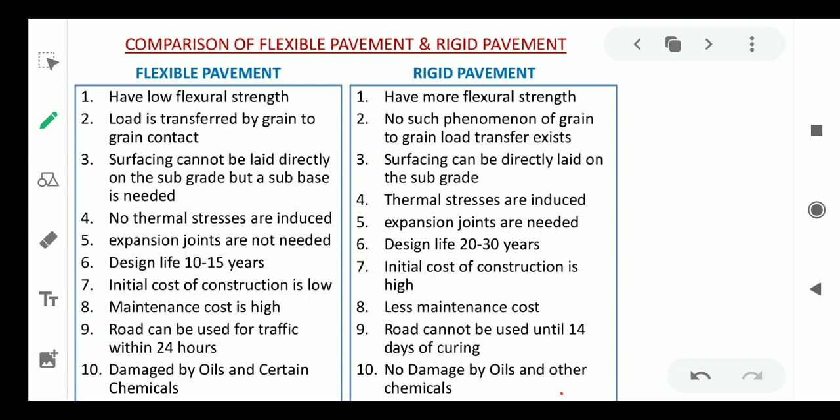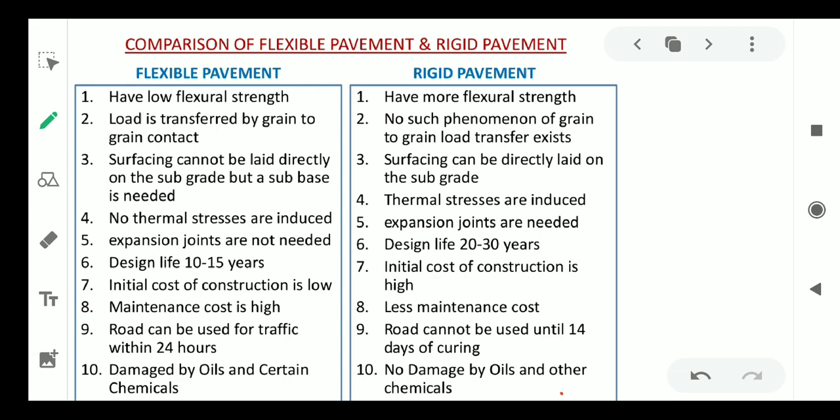If there is a high temperature, concrete may expand, so in this case tension or thermal stresses are induced. But in flexible pavement there are no such stresses induced.